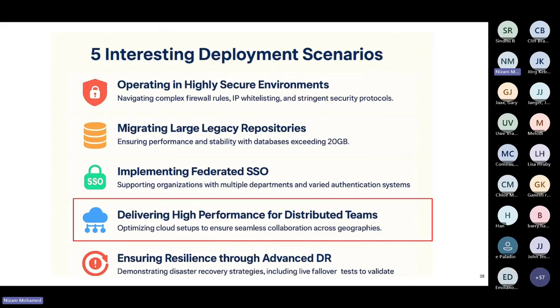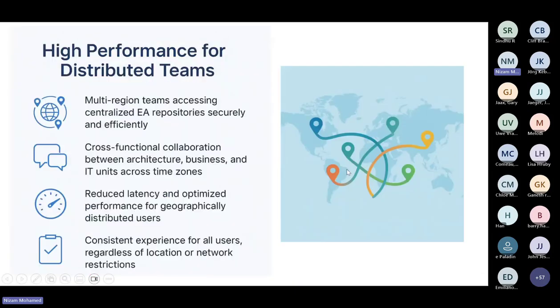When you have a thick client and you're trying to access repositories in a different geographical location, it makes things quite interesting. So our success has been in enabling high performance for distributed teams. This could be teams in multiple regions or multiple continents accessing EA repositories.